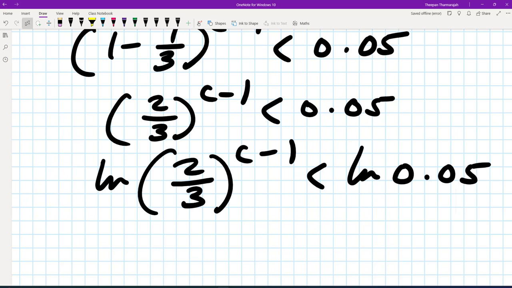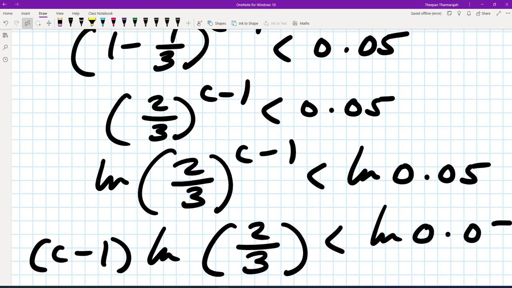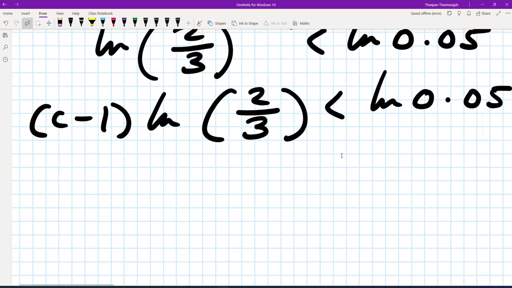From the laws of logs, bring this down. As we said in the example, ln of 2/3 is a negative value, so the inequality sign will change.